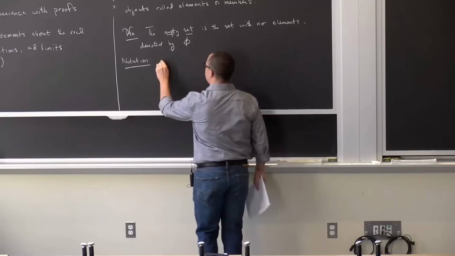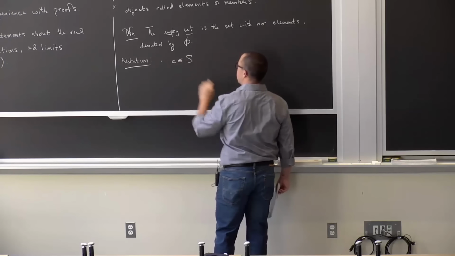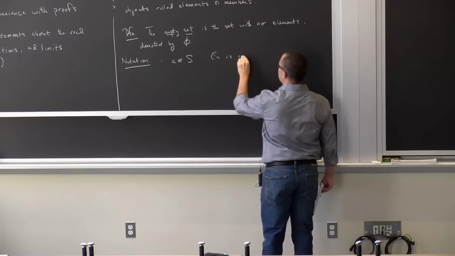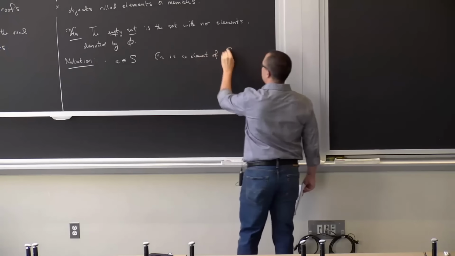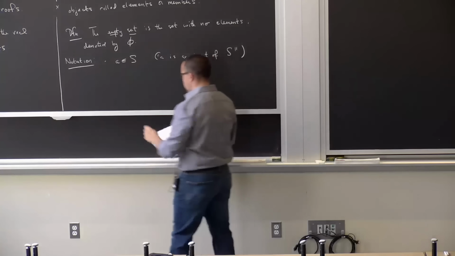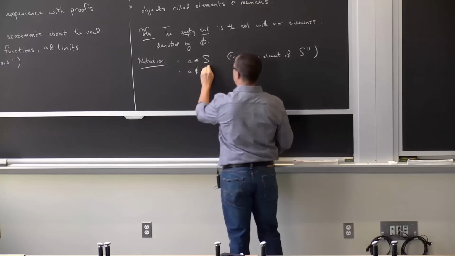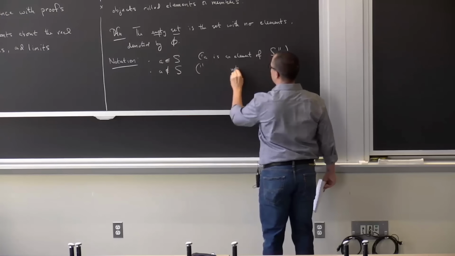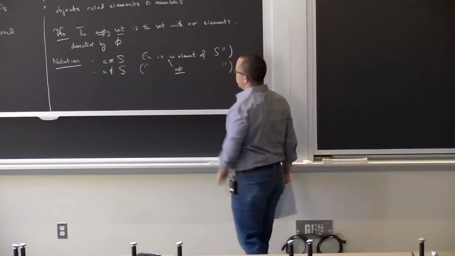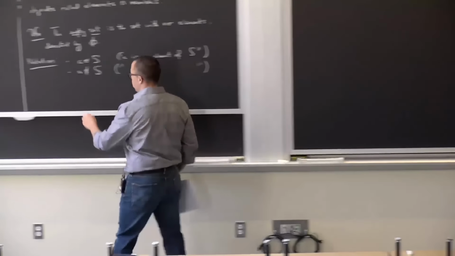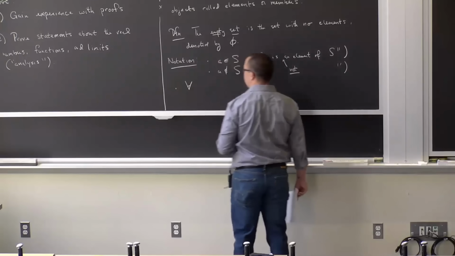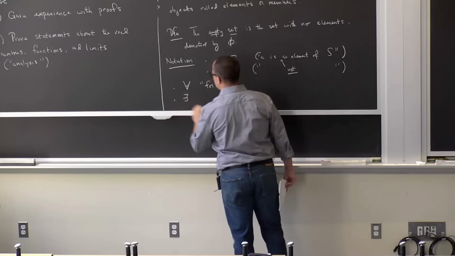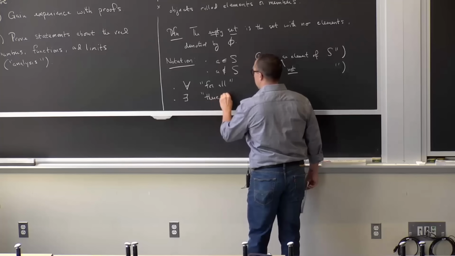So some notation: a ∈ S, this symbol which looks like an E, means a is an element of S. The same symbol with a dash through it means a is not an element of S. This upside down A means for all, shorthand for for all. Backwards E means there exists.